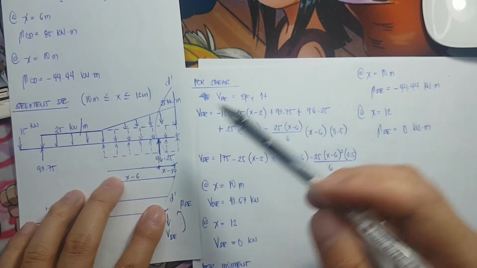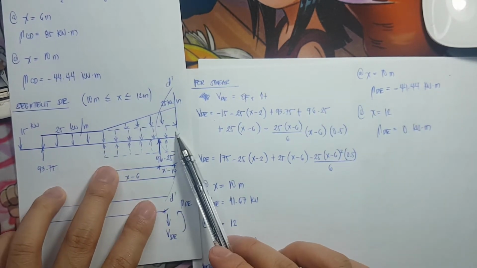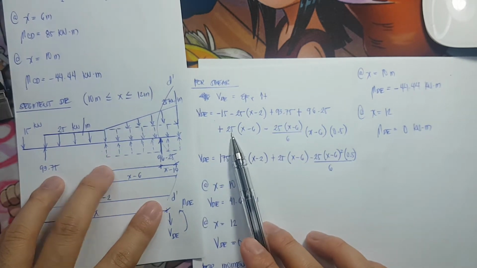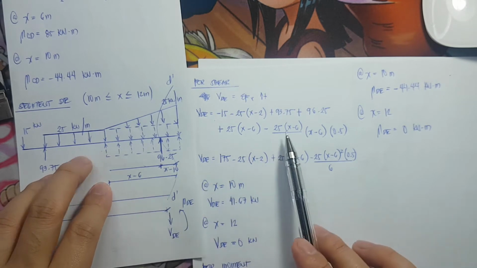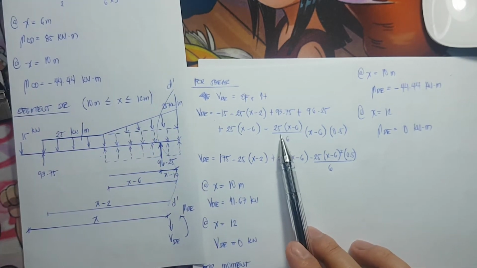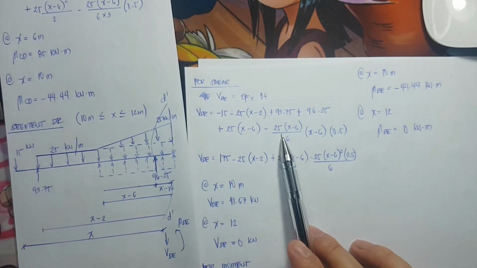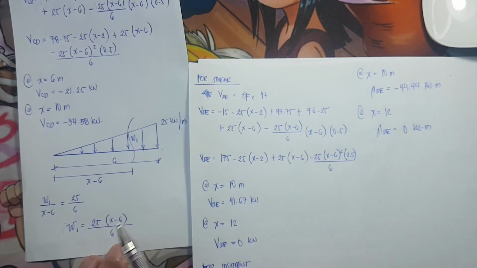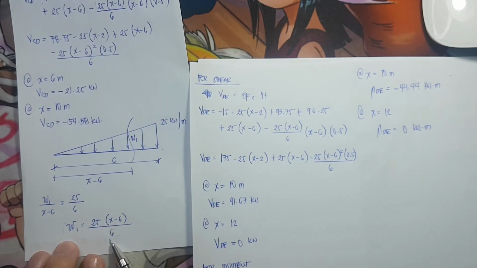Then, here we have the uniformly varying load, which is pointed upwards. Therefore, it is 25 times the span of X minus 6. Then, for the uniformly varying load, the load is the W. So, asan yung W natin? Ito. So, we have here the W is 25 times X minus 6 over 6.